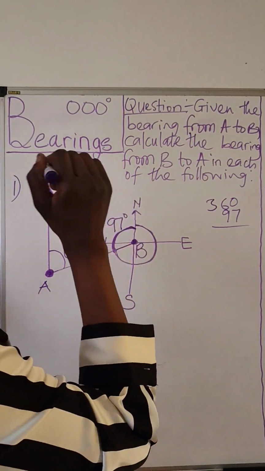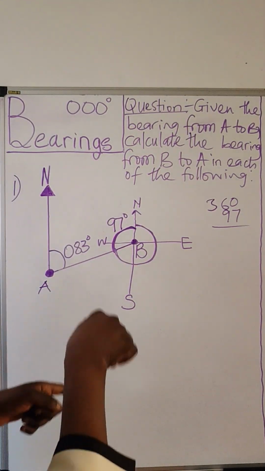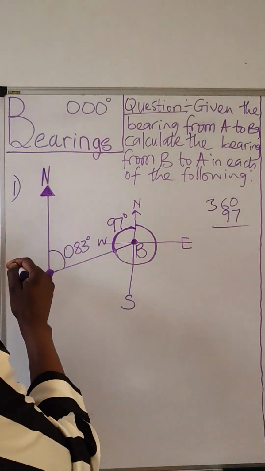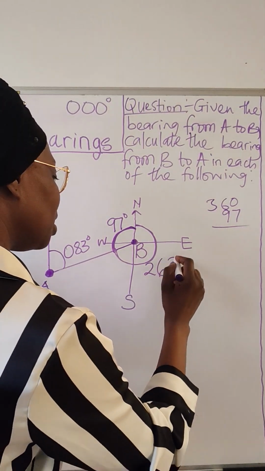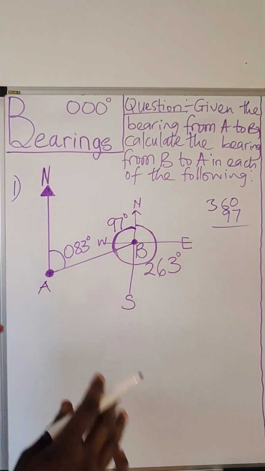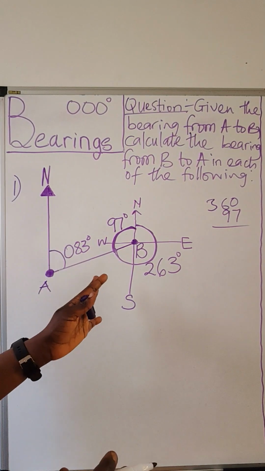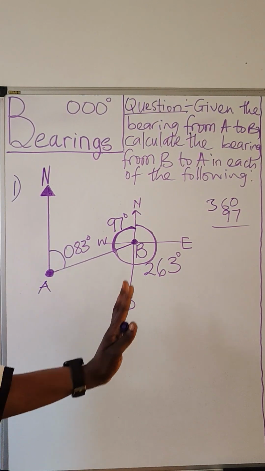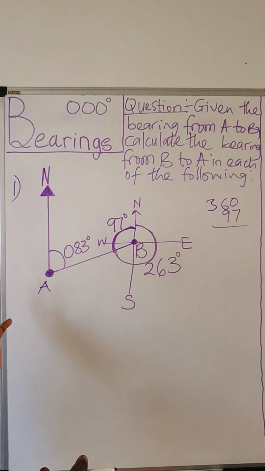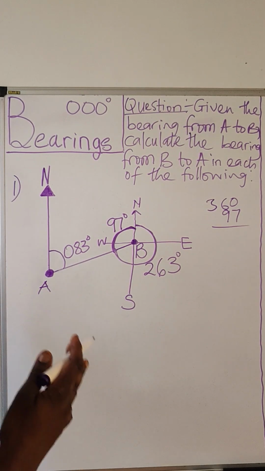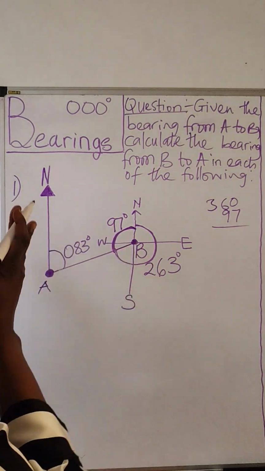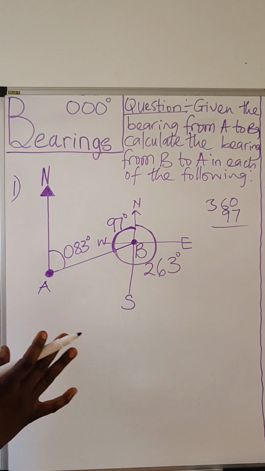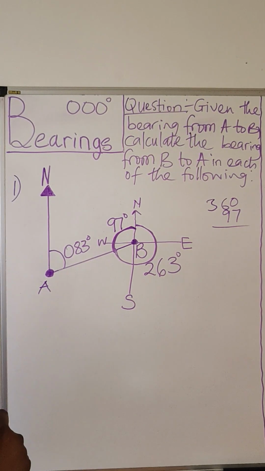So the bearing from B to A will be 263 degrees, which we can also call the bearing of A from point B. That's the first way of solving it.